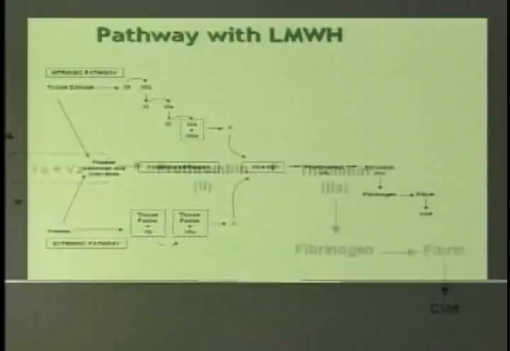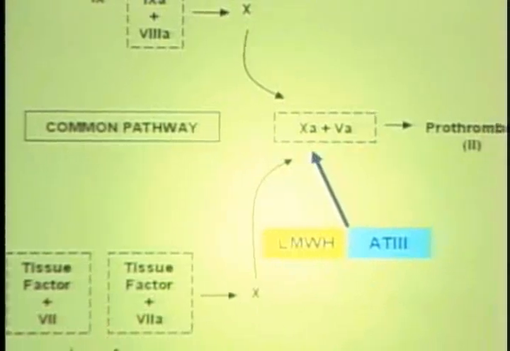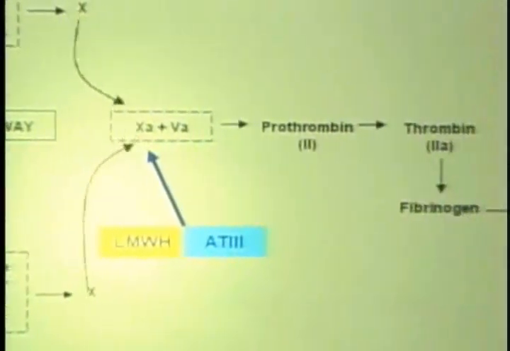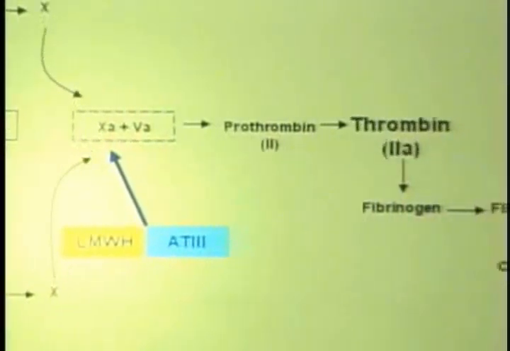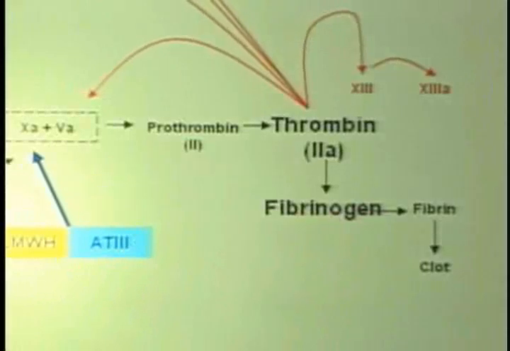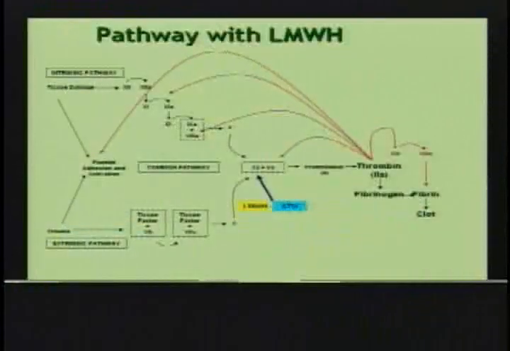And what heparin and low molecular weight heparins do is that they regulate the antithrombin by forming a complex and kinetically affecting the convergent common pathway and hence thrombin, and feedback into a variety of these loops as a way to regulate the process of coagulation.